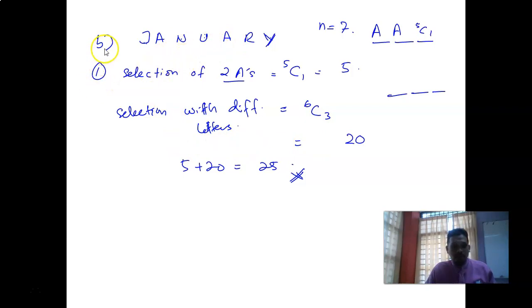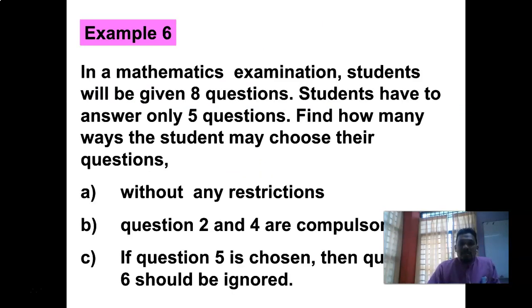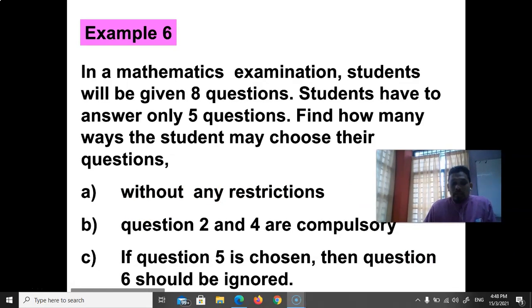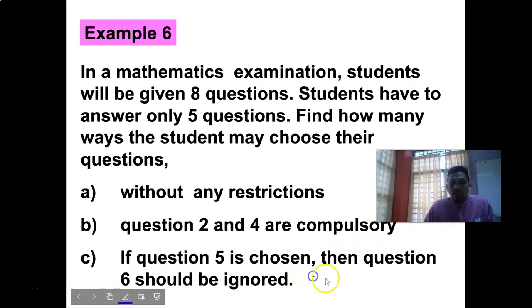This is the next question. In a mathematics examination, students will be given 8 questions. Students have to answer only 5. How many ways may the student choose their questions without any restriction? Then next, questions number 2 and 4 are compulsory. If question 5 is chosen, then question 6 should be ignored.